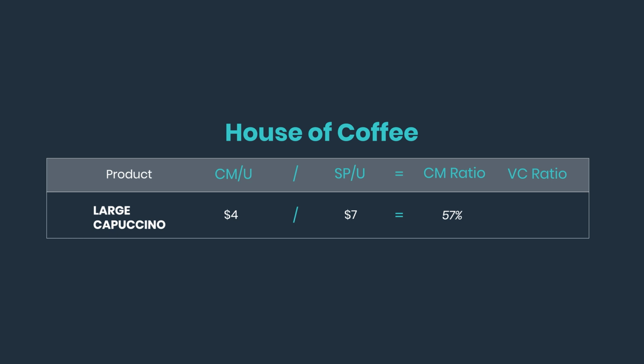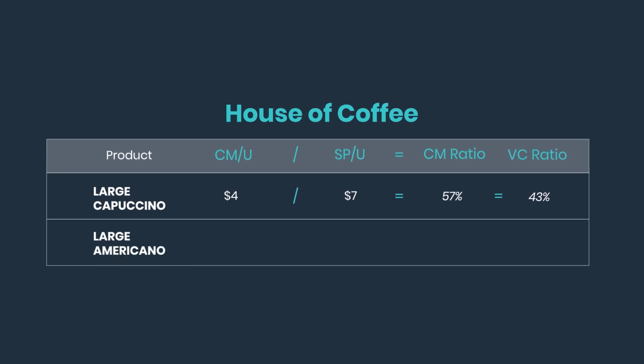Further, if 57% of sales dollars is the contribution margin, then 43% of each sales dollar is used for variable costs. Sales 100% less contribution margin ratio of 57% equals variable cost ratio of 43%.